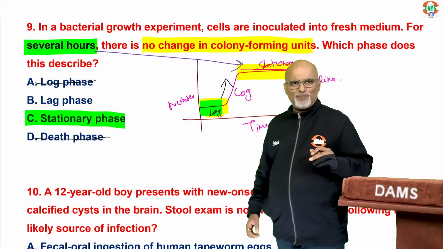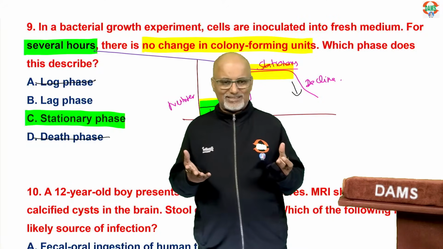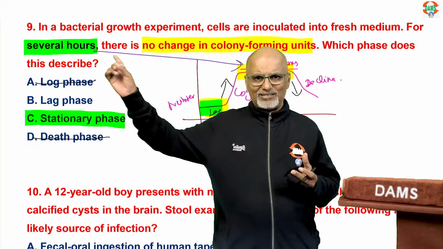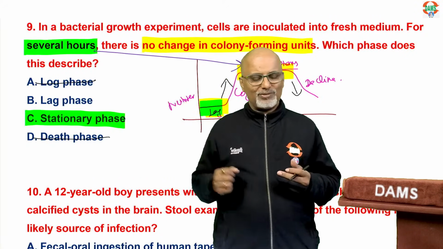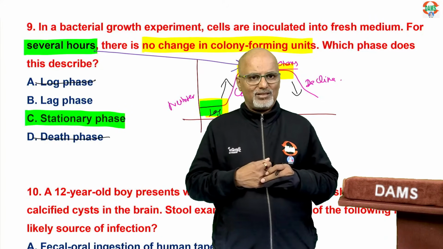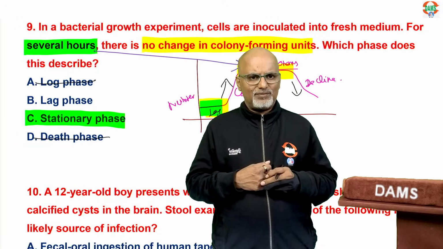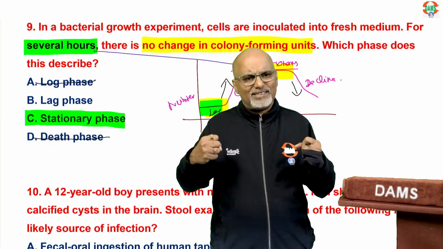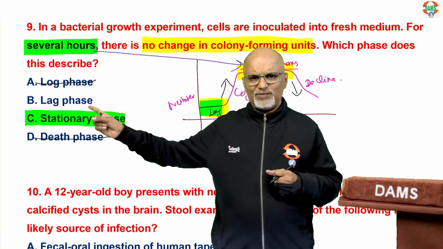Suppose I don't want to confuse my kid like this, the words several hours are a clue. I can give another clue also. If I say the bacteria increased in size, then you can go to lag phase.